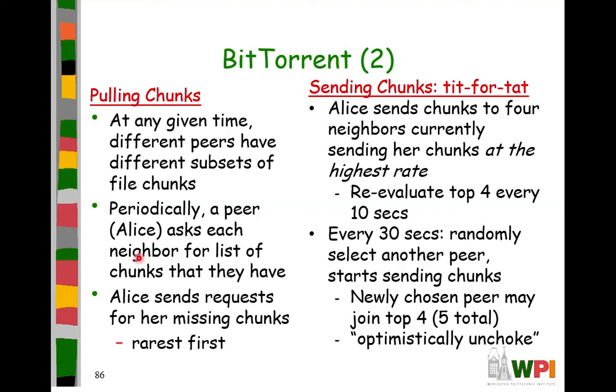After coming to know about the files that their neighbors have, the peer can send a request for which file? For a missing chunk, for those files that are rarest. Rarest means available with only a few peers, with the least number of peers. So they download those. Why?